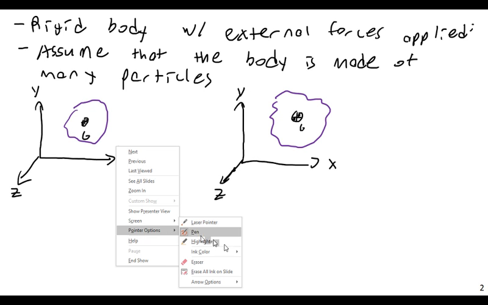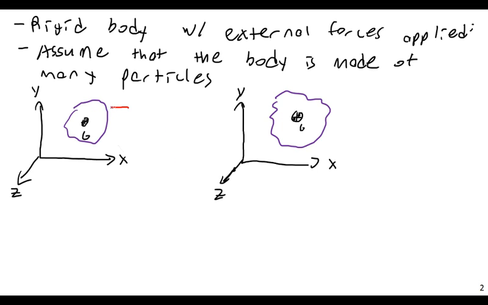Let's say there is an arbitrary system of forces applied to this body: F1, F2, F3, etc. I could then say that this is equivalent to two things: an acceleration of the center of the body, so this would be an m a bar.